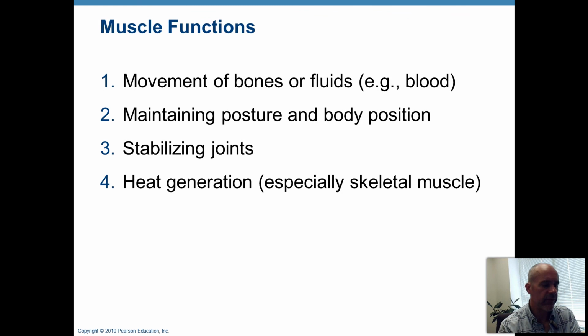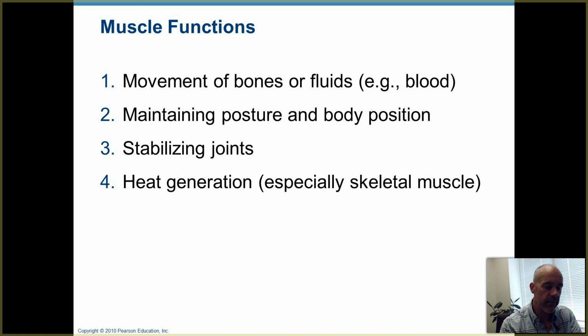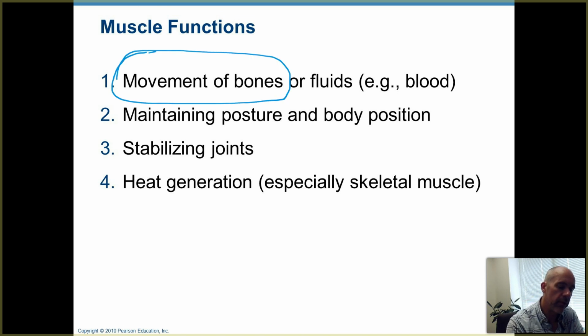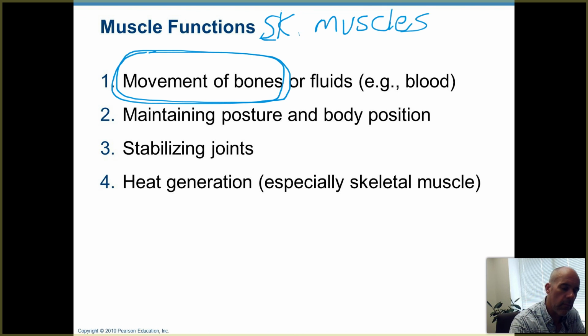All right, so major muscle functions. Now the key function that we're going to be discussing in this unit, movement of bones. Skeletal muscles pull on bones to generate movements.